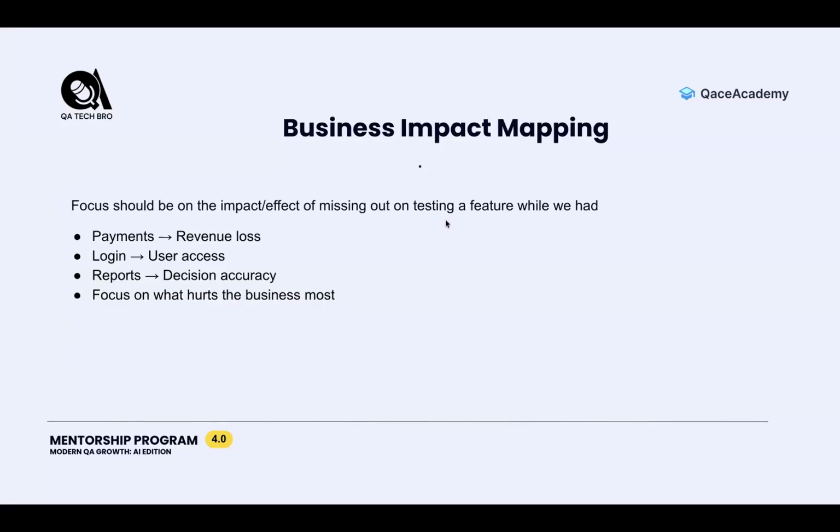We also have the business impact mapping side of things, which is literally just putting a picture to it. What are those problems? For example, with a payments application, you could come across revenue loss because of an issue.